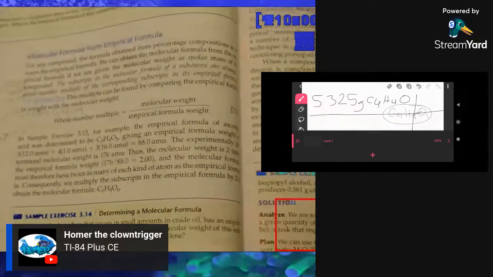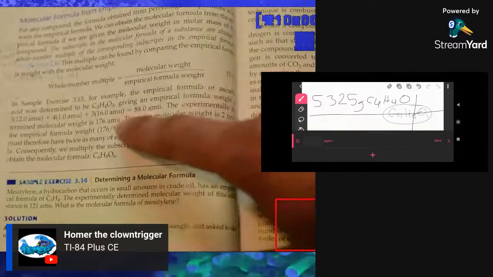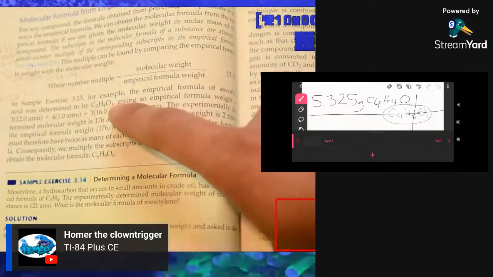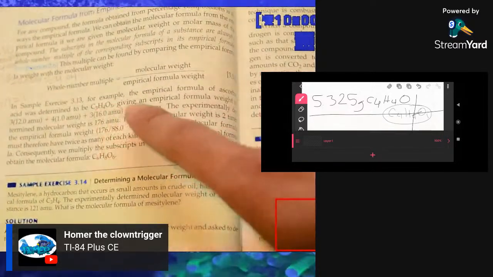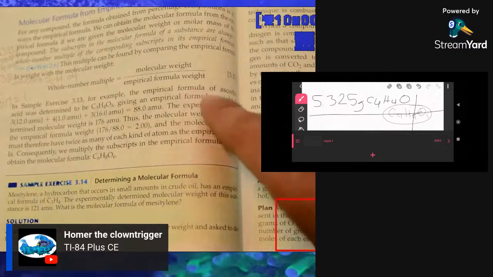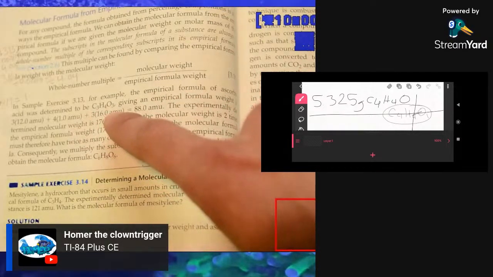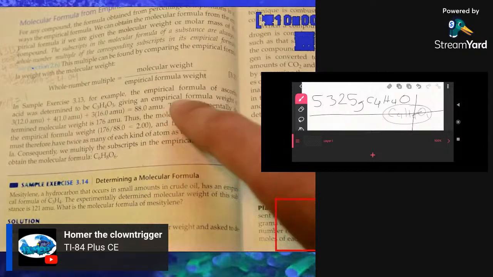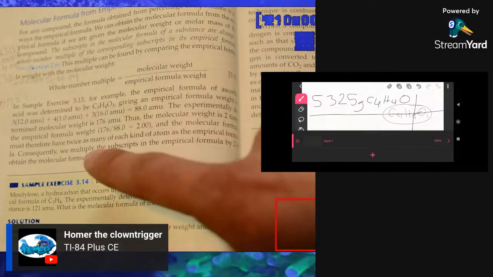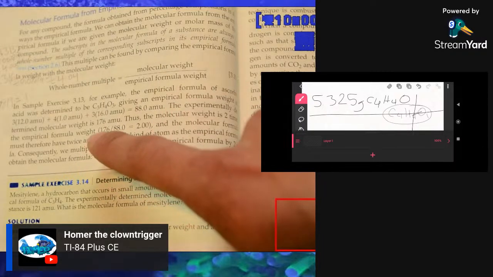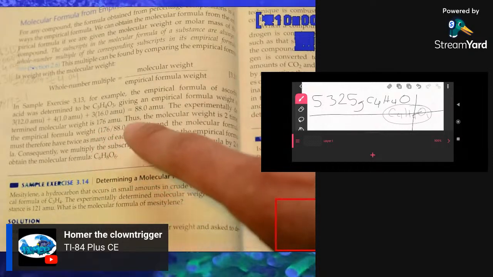All right, let's just keep going. In Sample Exercise 3.13, the empirical formula of ascorbic acid is determined to be C3H4O3. Given the empirical formula weight, the determined molecular weight is 176 atomic mass units.